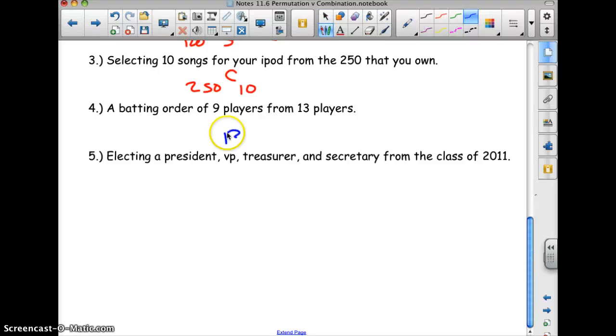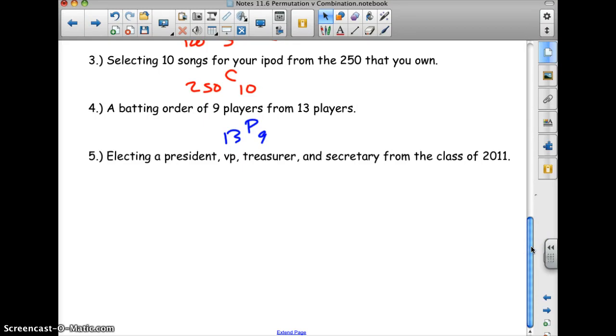That's going to be 13P9, because it's a totally different lineup if you have Derek Jeter batting second than if you have him batting ninth, for example. Or if you have Big Poppy batting leadoff as opposed to batting third or fourth. That gives you a different possibility.